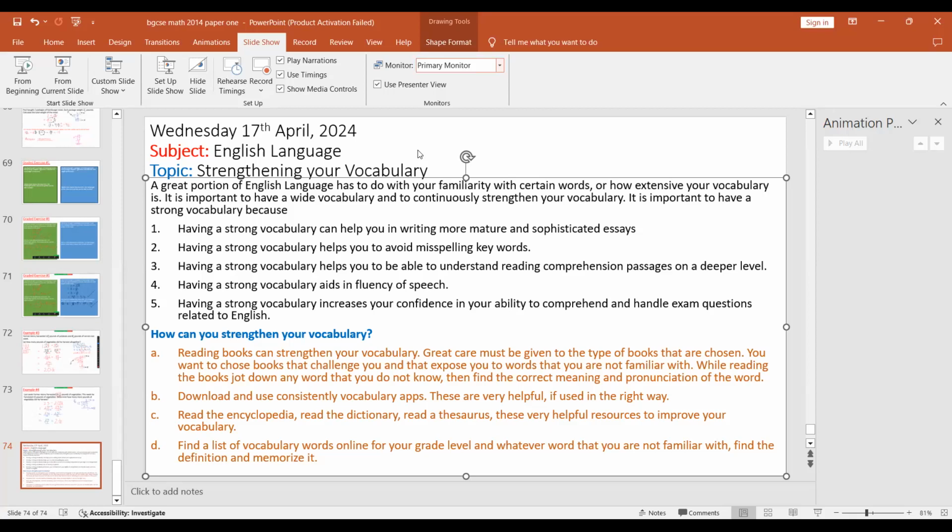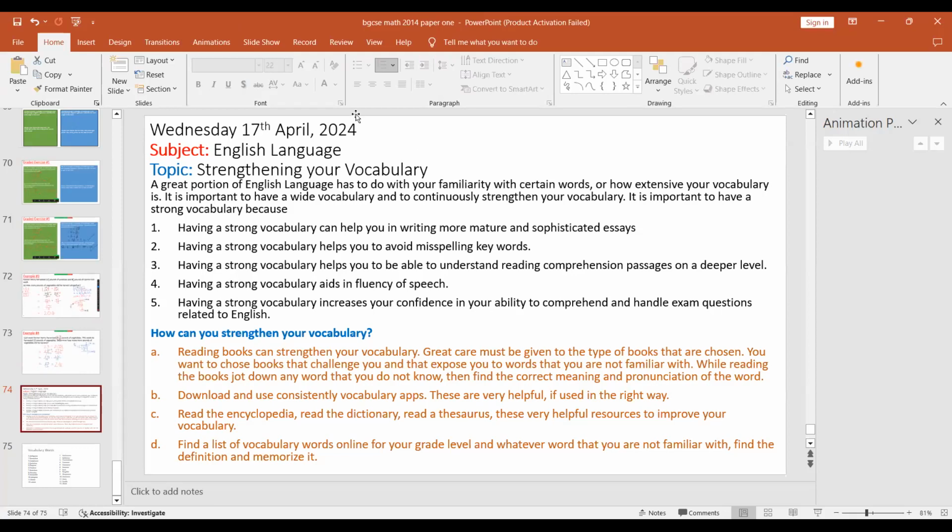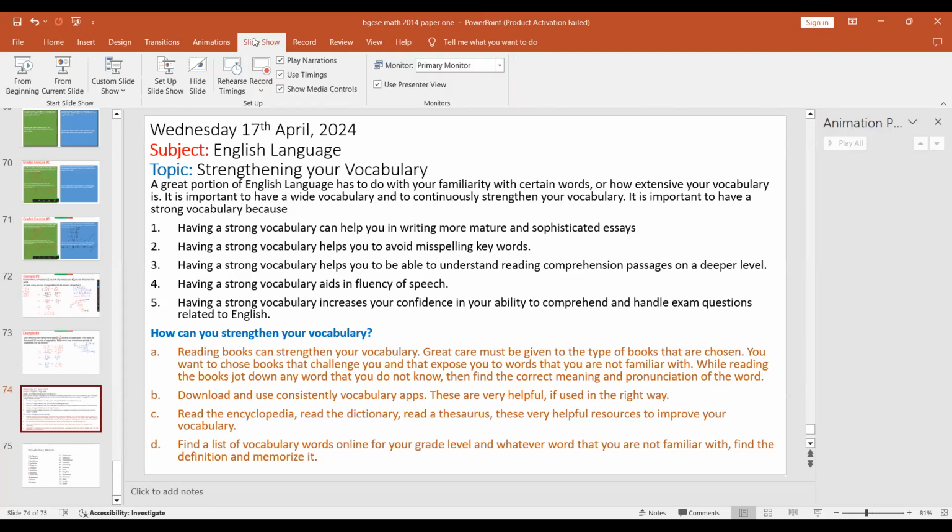All right, are y'all done with the slide? Let me know if y'all are done with the slide. Take a picture of it and send it to me via WhatsApp once you're done with it.